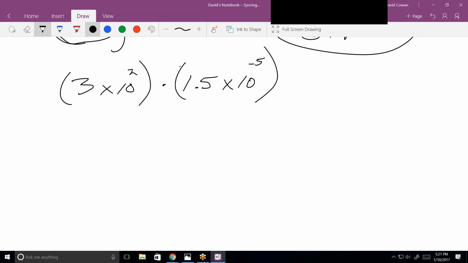You kind of treat these like they're variables. In other words, you can multiply the two numbers, and then you can multiply those two by using the rule of exponents. So what does that give you?